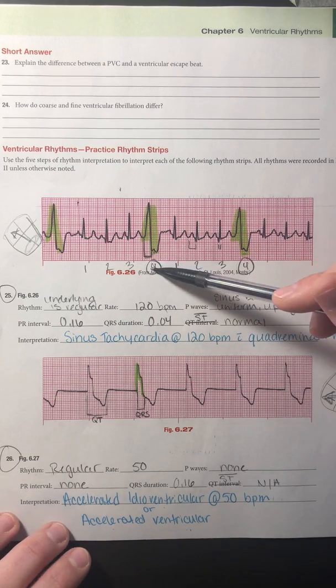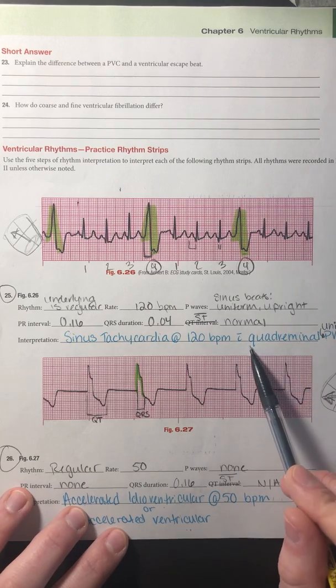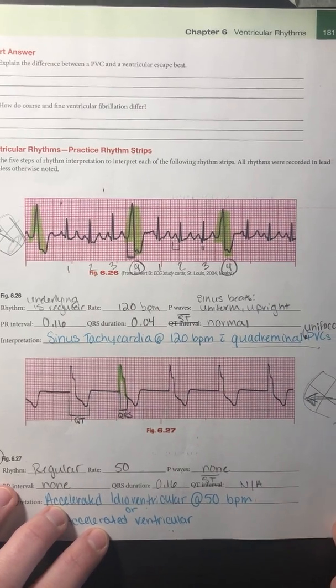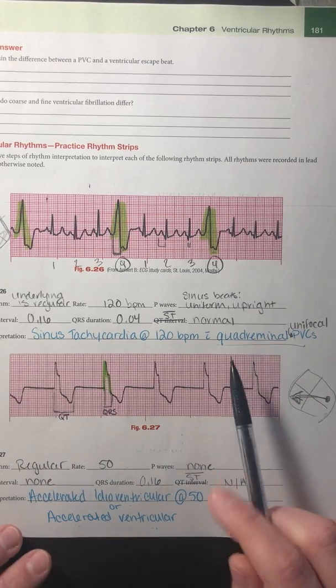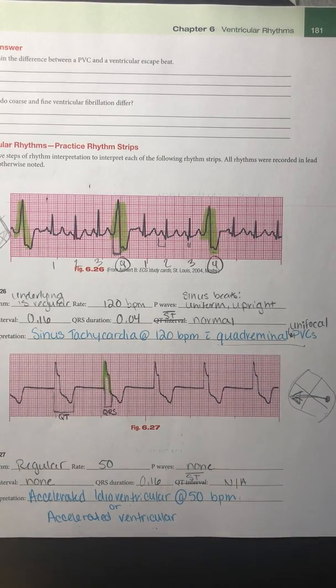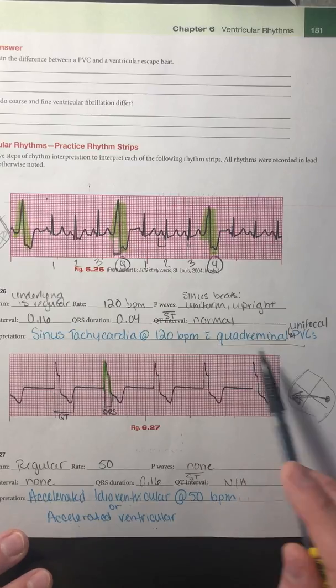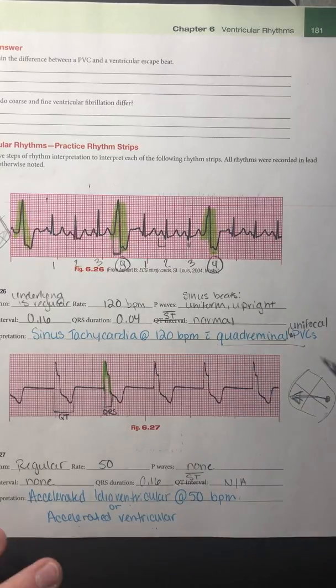Now, with the pattern of every fourth beat, we call that quadrigeminal PVCs. And I'll move this over so you can see my rhythm interpretation. Quadrigeminal, quad meaning 4, so every fourth beat we're having a PVC. Now you can add unifocal in there. We do assume if you have some kind of pattern, whether it be bigeminal, meaning every second beat, trigeminal every third beat, or quadrigeminal, that they're all coming from the same place because it's happening in such a pattern.